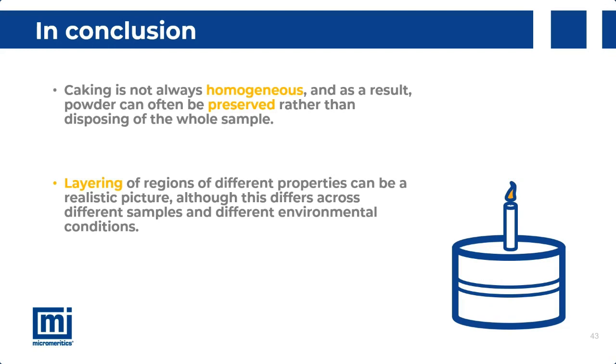Aside from that, we've also seen how the layered picture of a traditional cake may not always be too far from the truth, and that different flowabilities and textures of powder can be found, dependent on the particular caking mode. How this knowledge will translate into our processes depends on the specifics of the processes themselves, but undoubtedly this can be vital information when attempting to reduce both wastage and process downtime.